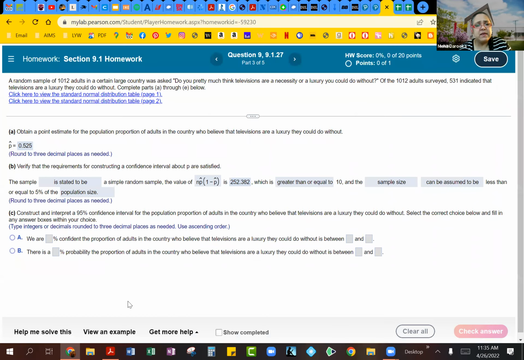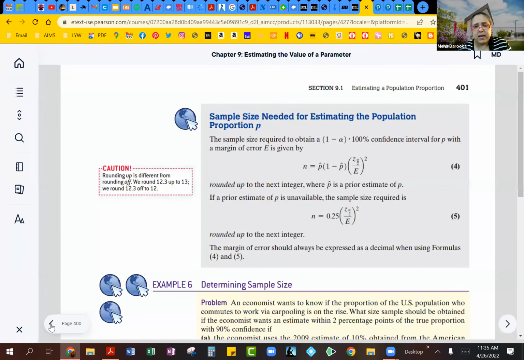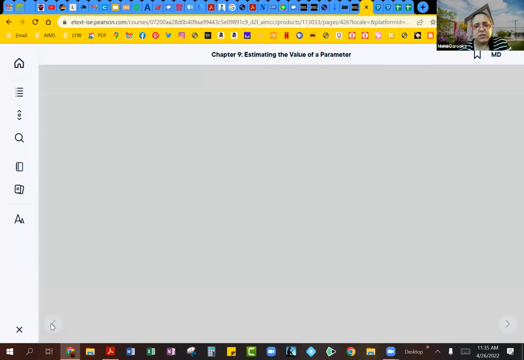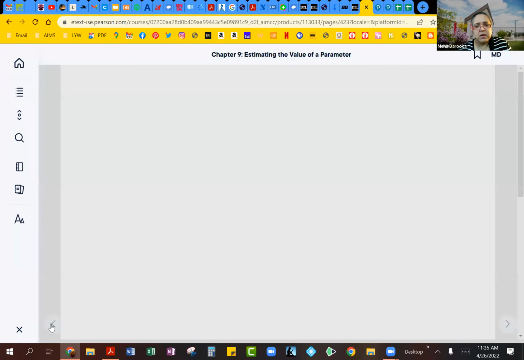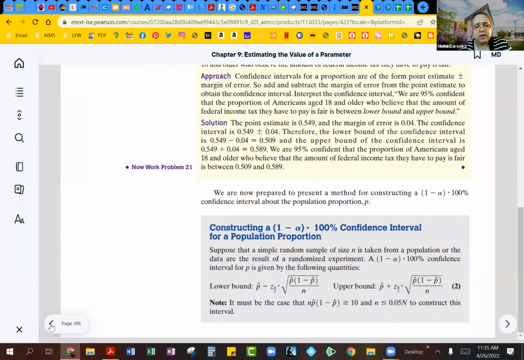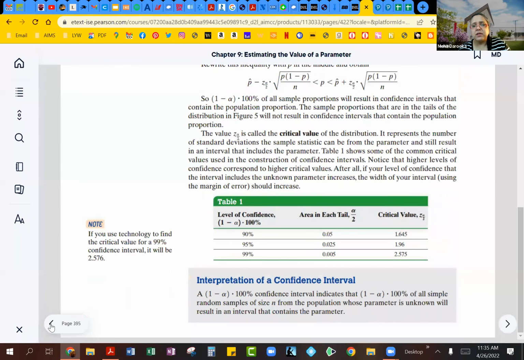Now, I believe your textbook has a table on this. I know as I was looking through earlier, I saw that.